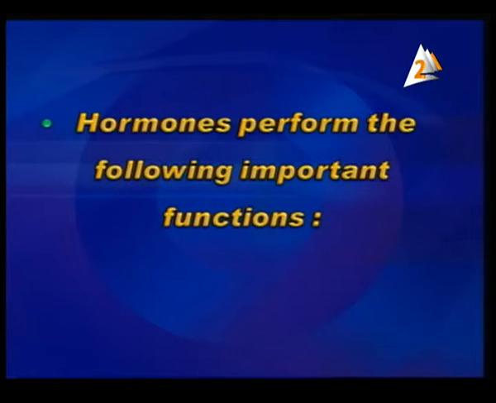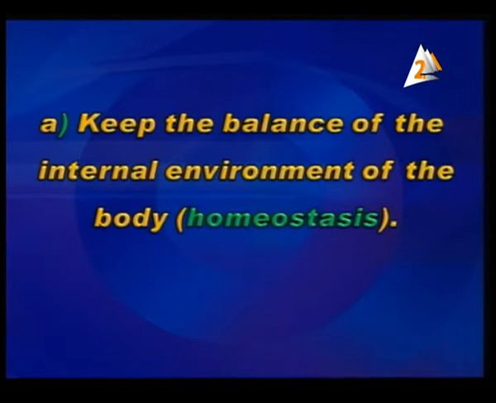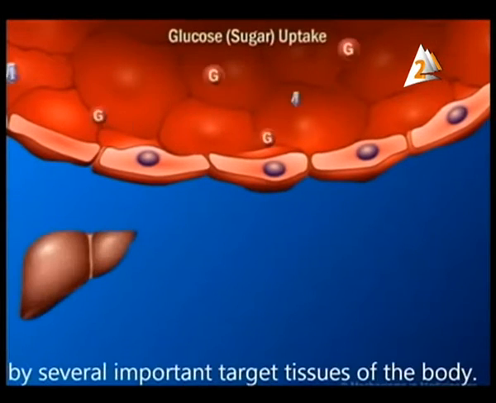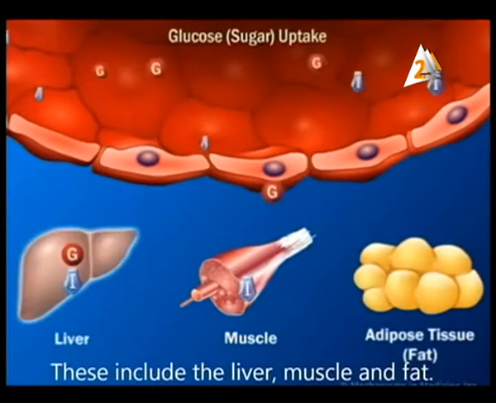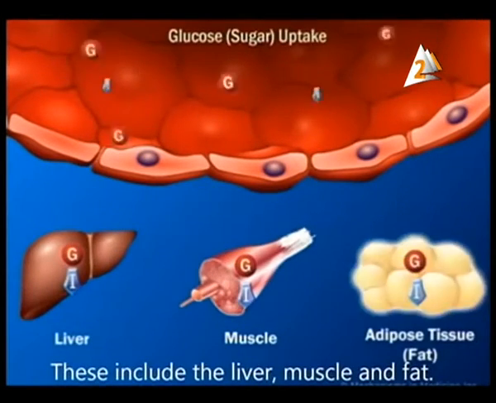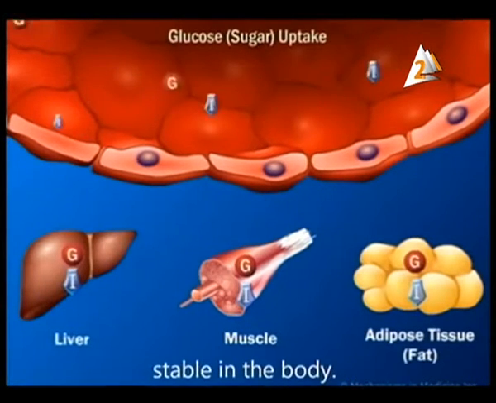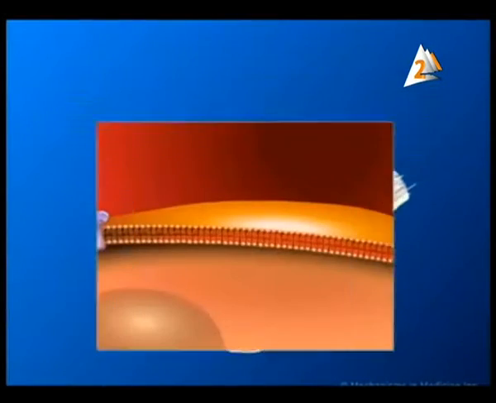Hormones perform the following important functions. They keep the balance of the internal environment of the body, or homeostasis. Homeostasis is the chemical balance inside the body. The body contains many chemicals and many reactions inside it, so the hormones control all of this.